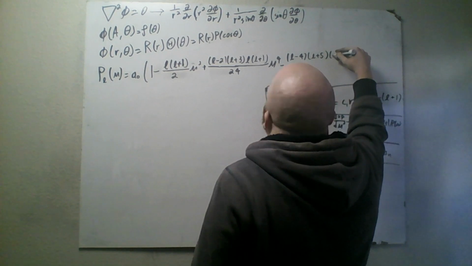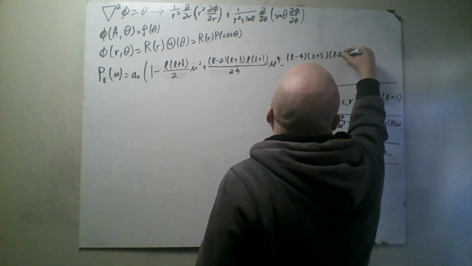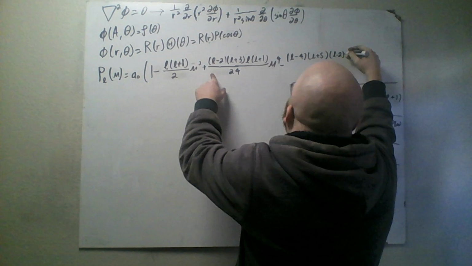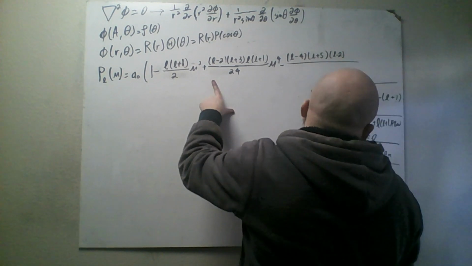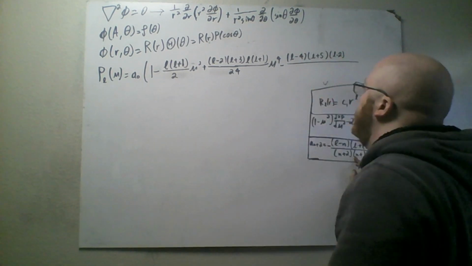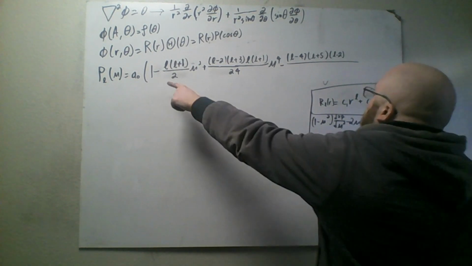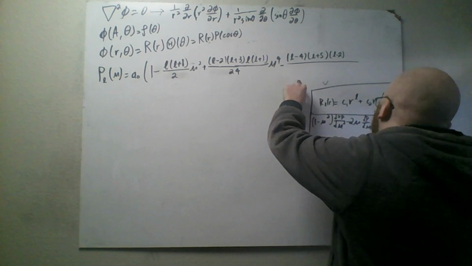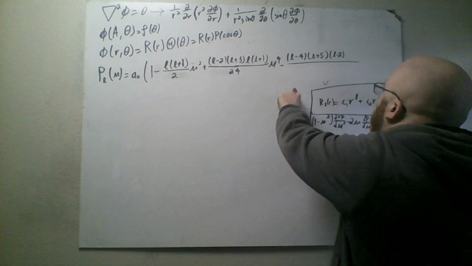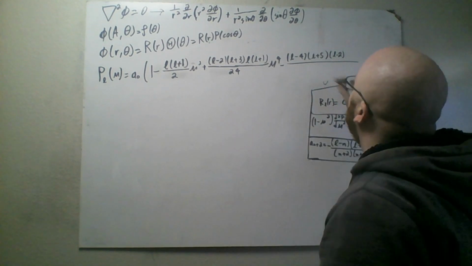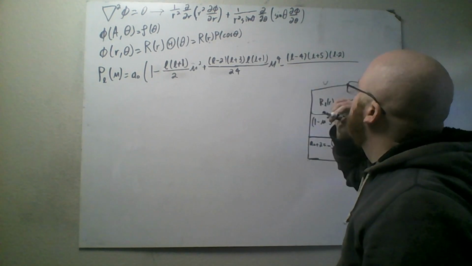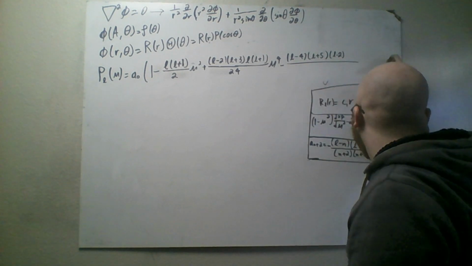In this case, we're plugging in n equals 4, so we get L minus 4 times L plus 5 times L minus 2 from this guy, right? And in the denominator we plugged in 0, 2, and 4, so we end up getting 6 times 5, that's 30 times 24, which becomes 720.